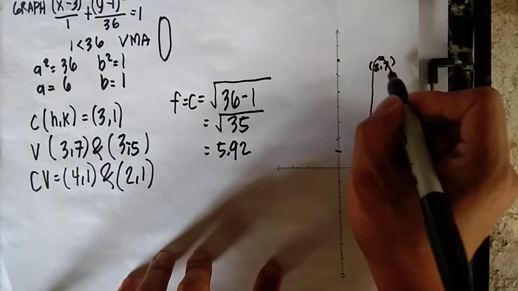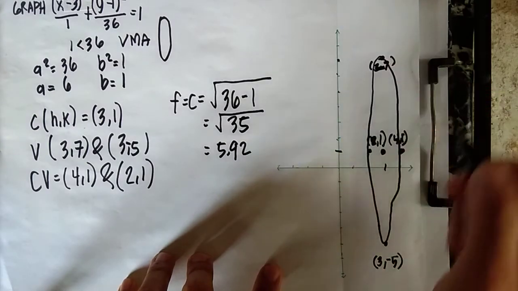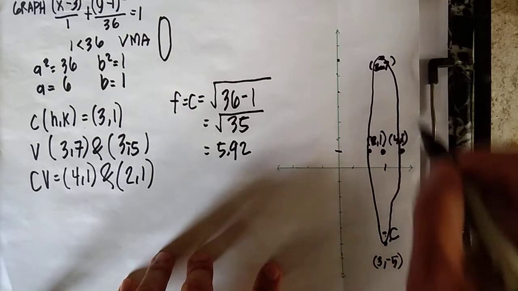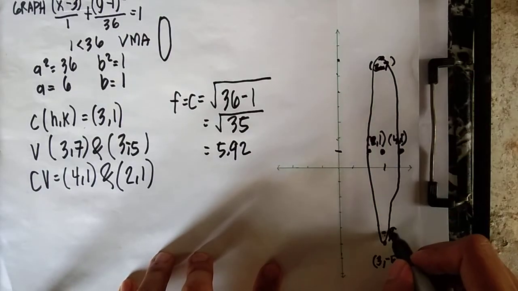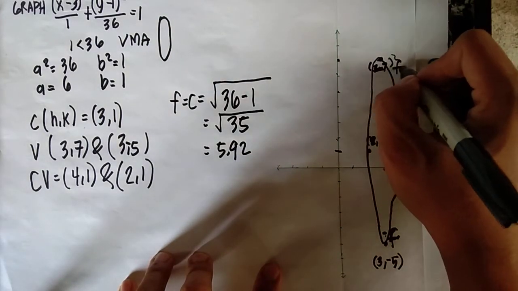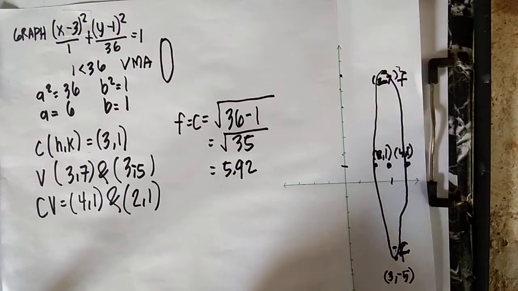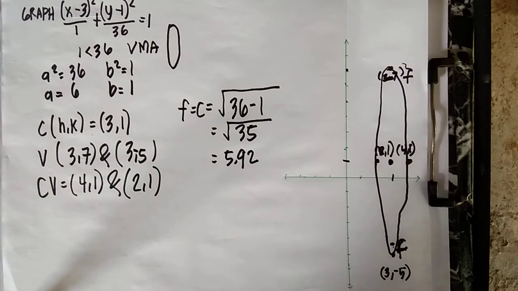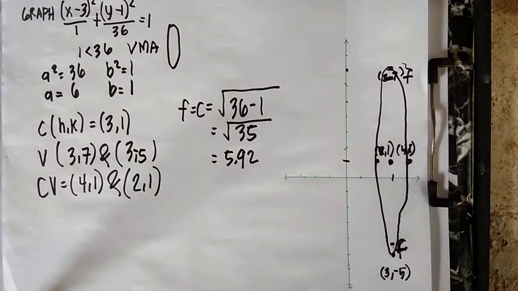So, yung foci natin is roughly at this part and at this part. So, that is how you graph an ellipse which at the center is not on its origin.